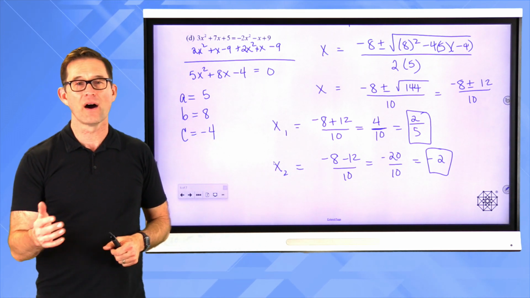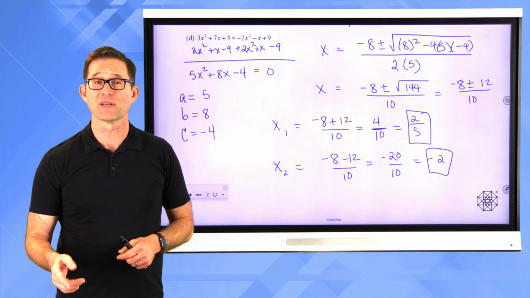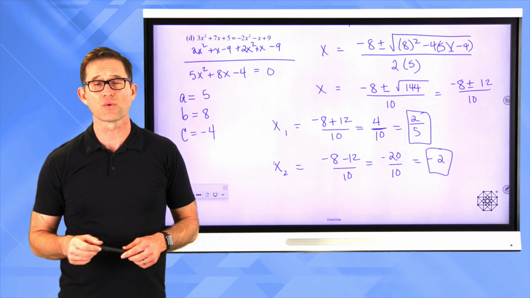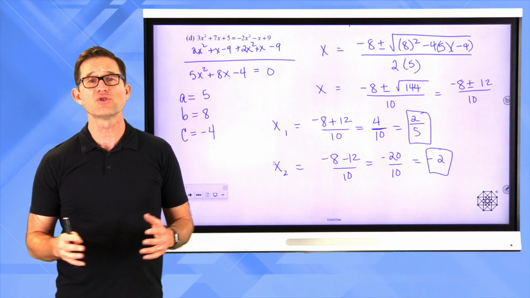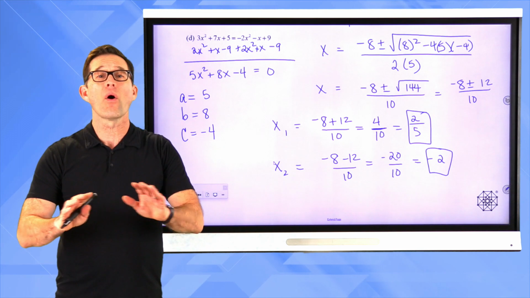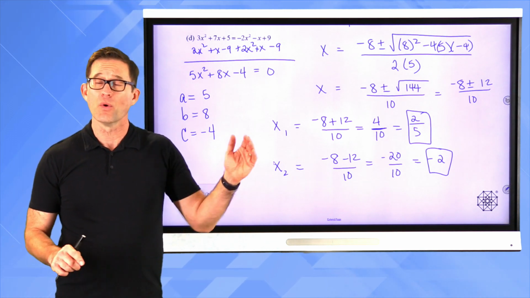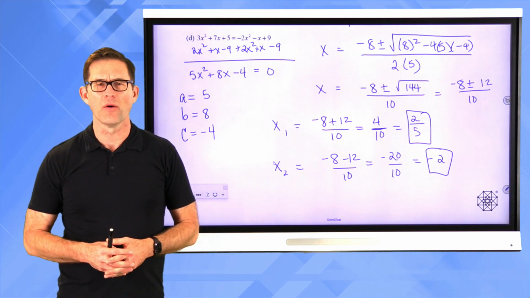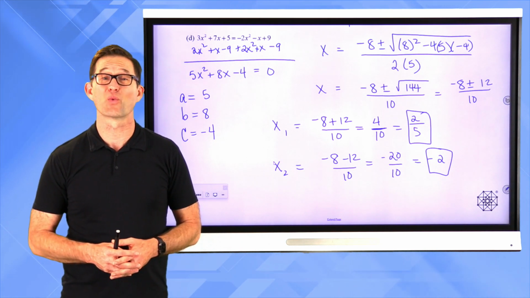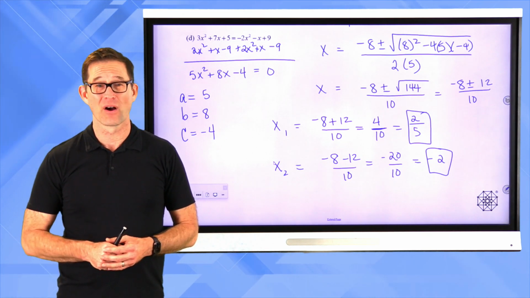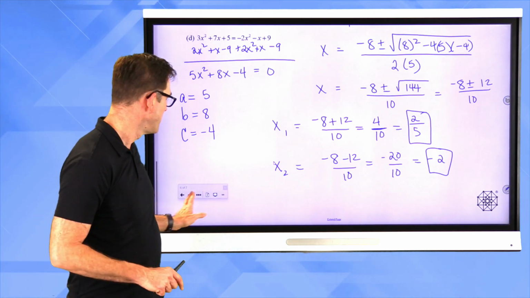Sometimes you're forced on an exam, where the exam says use the quadratic formula, or use factoring, or use completing the square, which are your three major ways of solving quadratic equations. But the one that will always work will be the quadratic formula. Completing the square will always work as well, but oftentimes can be extremely messy depending on what the values of a and b are.